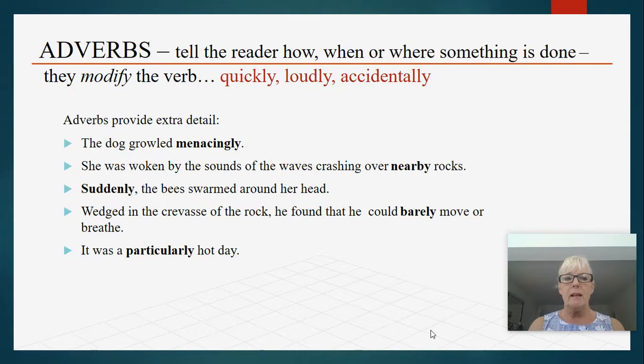So some days and every day might be hot in the summer, but it might be particularly hot on a particular day, and that might be important to notice. So it's really all about noticing the words in a sentence that give you more information, that have an effect on the way you understand how a character or something is happening.